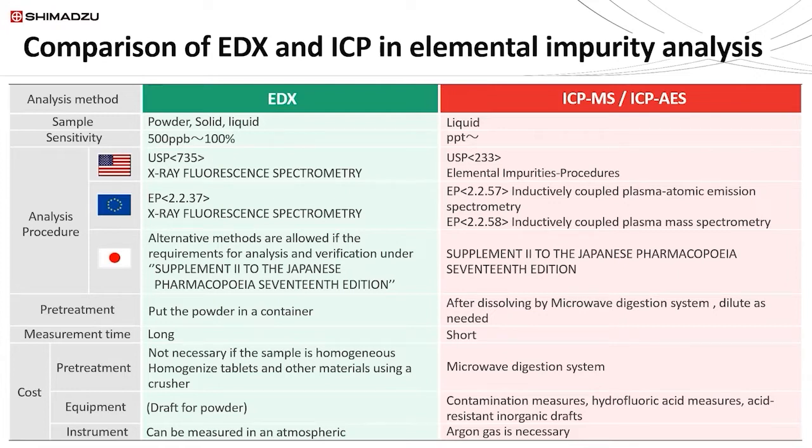On a consumable basis, the EDX instrument has very little consumables. You can measure all the elements in atmosphere. For ICP-MS, argon is necessary. Also, on an electricity basis, EDX is much more frugal compared to ICP-MS.